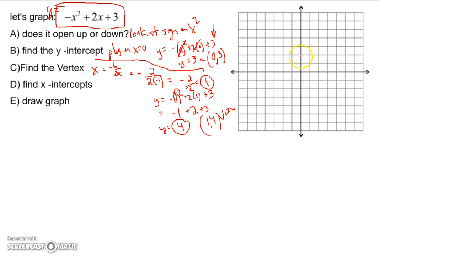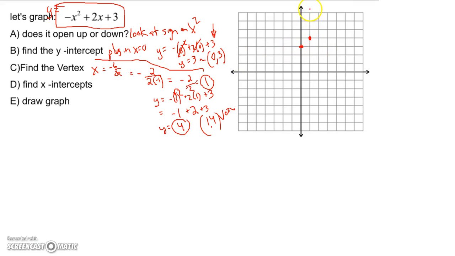We've got an x-intercept of 0, 3. We've got a vertex of 1, 4. That point right there. We know that the graph is going to open downwards.